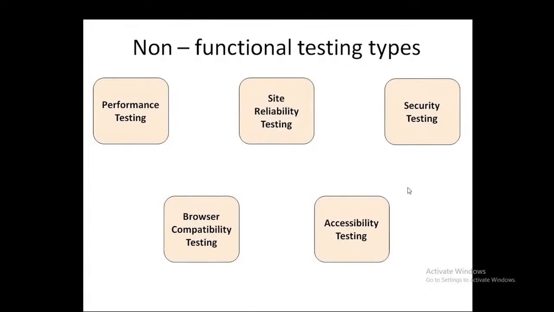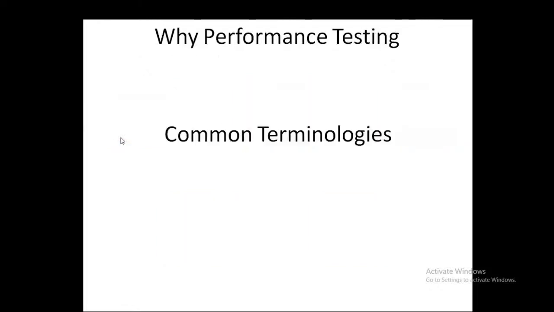Do not think that when we say non-functional testing, we only refer to performance testing. It is not like that. Whenever we get the non-functional requirements, you might get requirements based on different types of testing. However, as part of this training, we are going to cover performance testing.